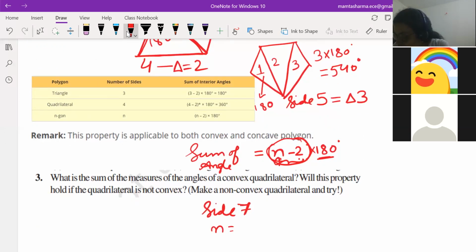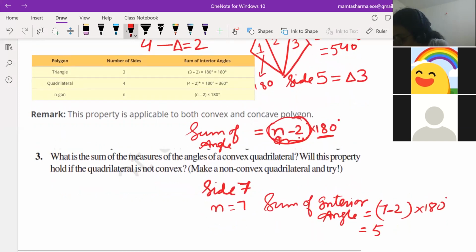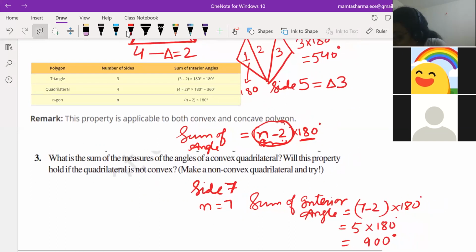For n equal to 7, the sum of interior angles will be (7 minus 2) into 180. 7 minus 2 is 5, 5 into 180, and that will be 900 degrees. If any question comes, use this formula (n minus 2) into 180 and put the value of n. You will get the value.